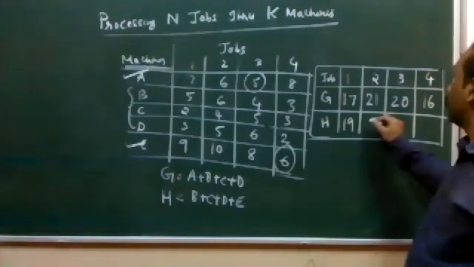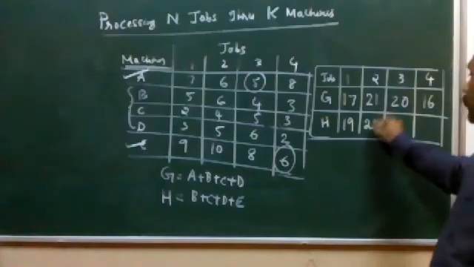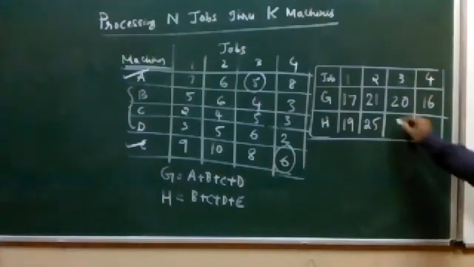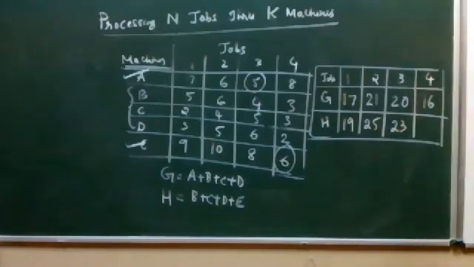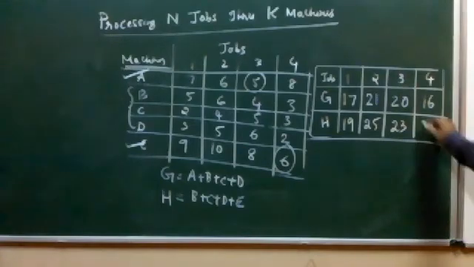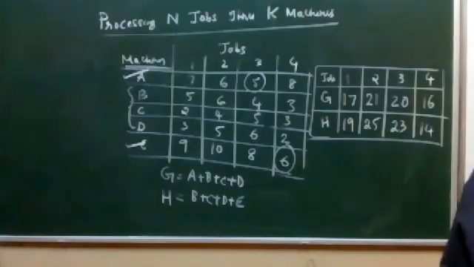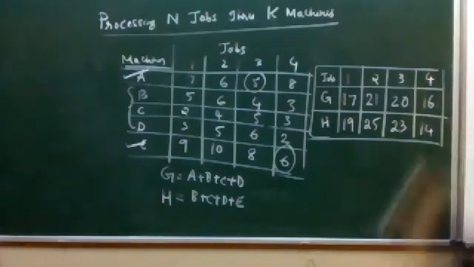Okay, good. Third value? 23. Okay. And the last value? 14, sir. 14. Now we have successfully completed converting a 5 machine problem to a 2 machine problem.